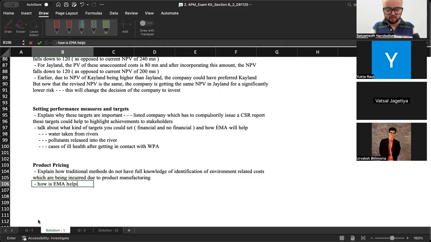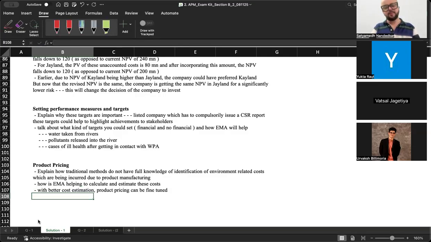How is EMA helping to calculate and estimate these costs? With better cost estimation, product pricing can be fine-tuned. Of course, naturally, you have to describe this in a little more detail, but this is how EMA is going to help you. Make sense?